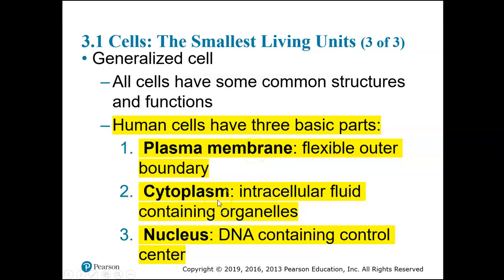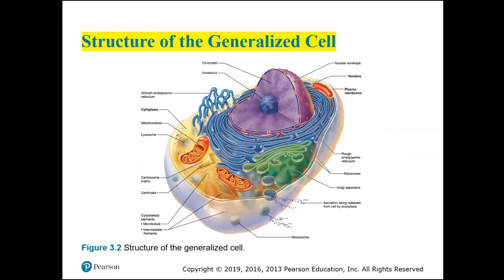The cytoplasm is everything inside the plasma membrane, and within the cytoplasm there are organelles or cell parts that have certain roles. They do certain jobs inside the cell. The nucleus is the largest of these organelles, and it stores the DNA. It is the control center of the cell.